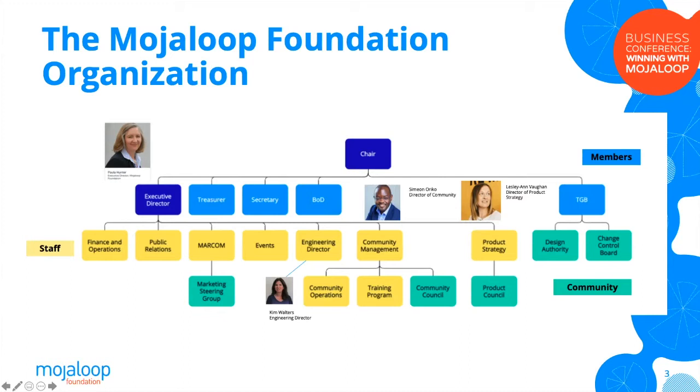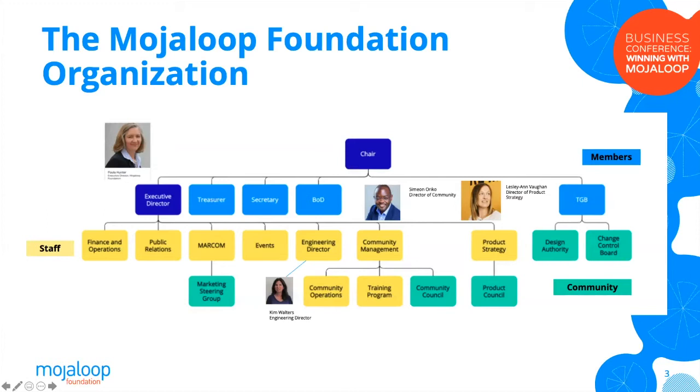So they're voluntary positions in those two organizational teams. There's a chair of both the Design Authority and Change Control Board, and they provide feedback back to the Technical Governing Board about design decisions and changes to our specifications.